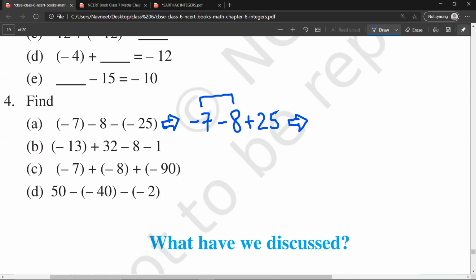So minus 7 and minus 8 is minus 15. Minus 15 and plus 25 is plus 10. Correct. Next.